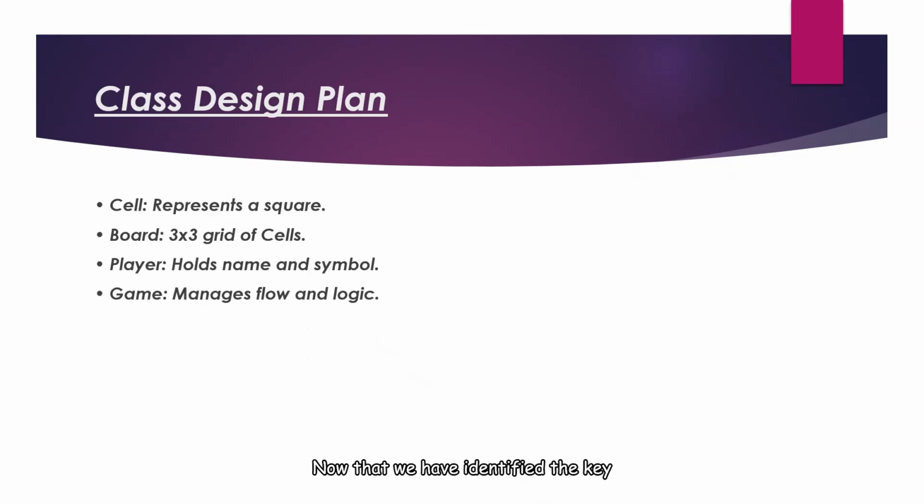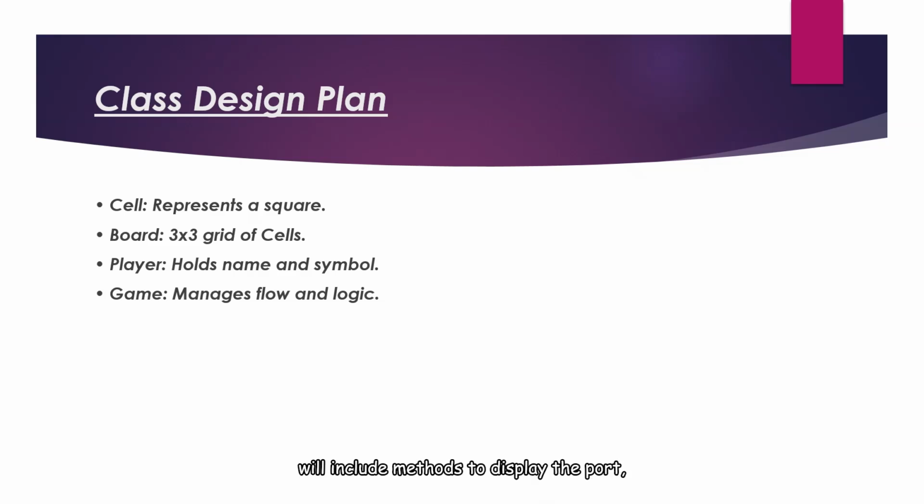Now that we have identified the key entities, let's take a look at the class design plan. We will begin with the cell class. Each cell will have properties like its row and column positions as well as its value, which can be 0 or X or empty. The board class will manage a 3x3 array of these cell objects.